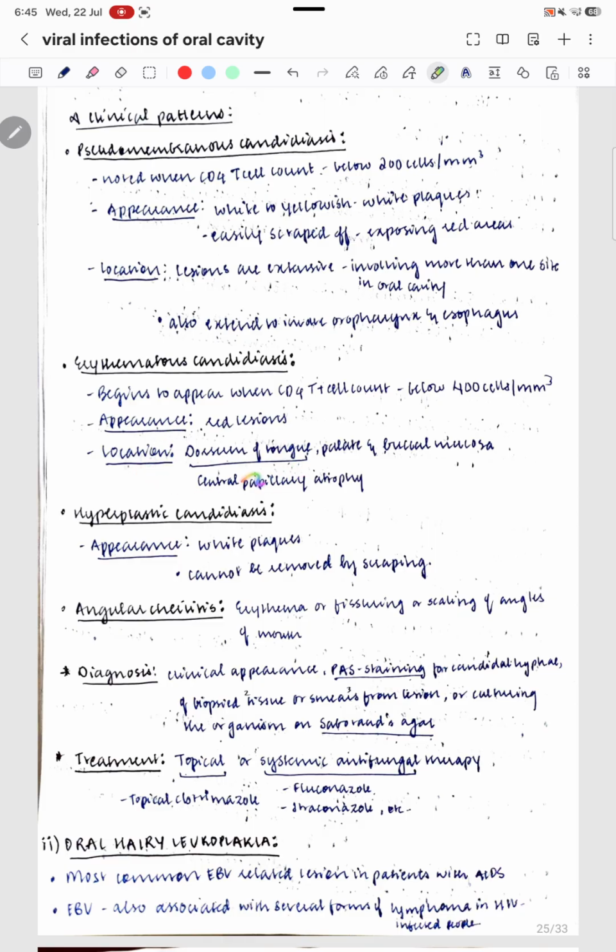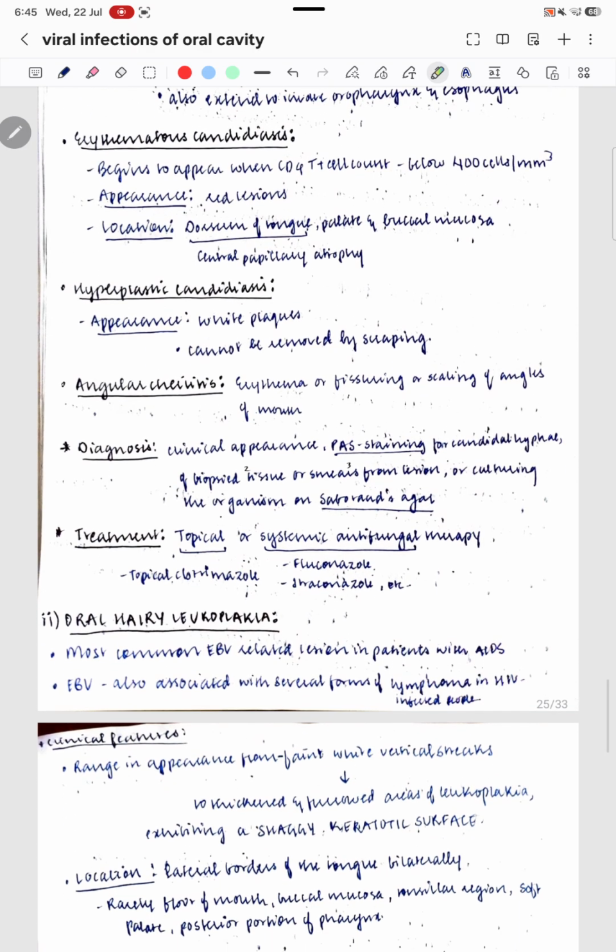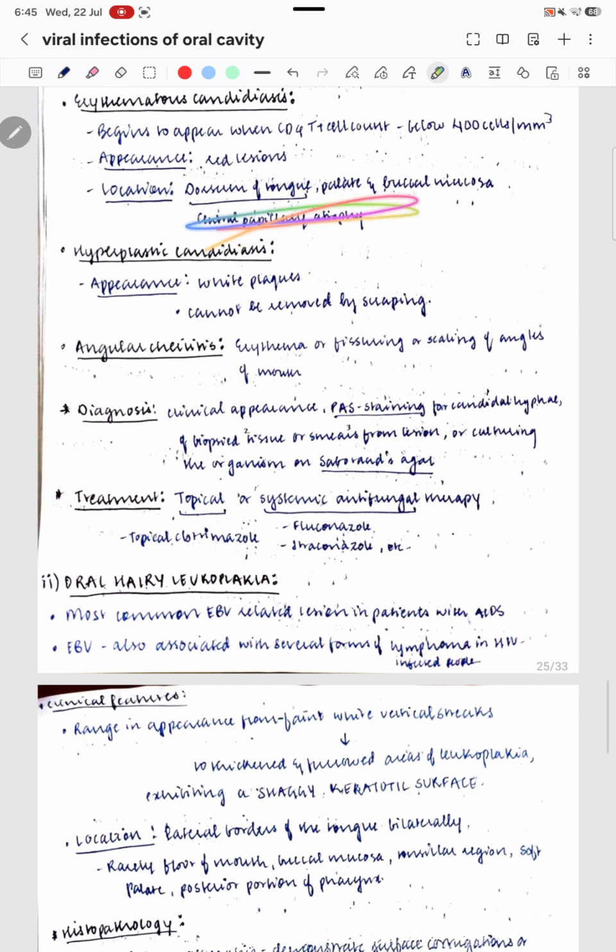It occurs on the dorsum of the tongue, palate, and buccal mucosa, and also in the oropharynx and esophagus. On the tongue you see central papillary atrophy.